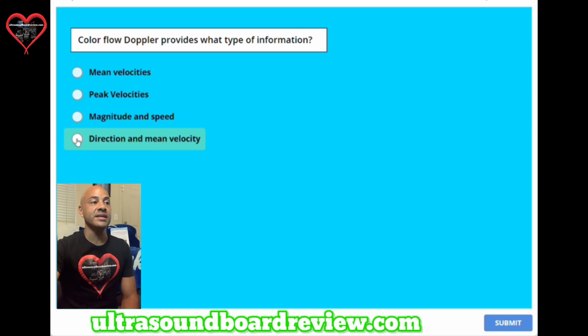The answer is D, direction and mean velocity. And the reason why we can determine direction with color flow Doppler is because we have that color map displayed on the screen.